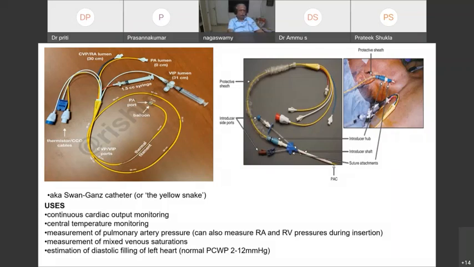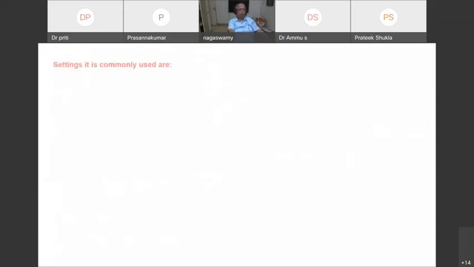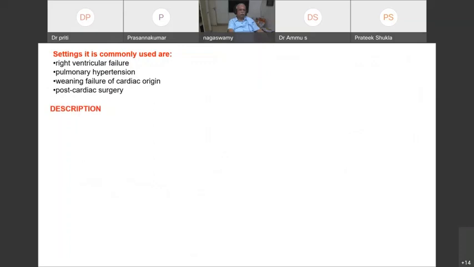Diastolic filling is an indirect surrogate marker. Commonly used in right ventricular pressure, pulmonary hypertension, bleeding in cardiac surgery, and post cardiac surgery.